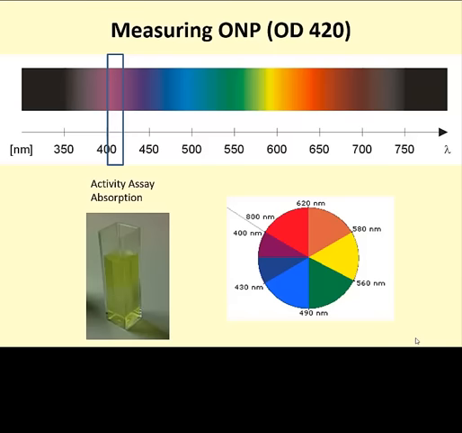ONPG is colorless, but orthonitrophenol happens to appear yellow in color and absorbs light around 420 nanometers, which is the complement of the color yellow as shown here. In lab, you will use spectroscopy to measure the amount of orthonitrophenol in your samples, which in turn will give you a quantitative measure of the level of beta-galactosidase activity.